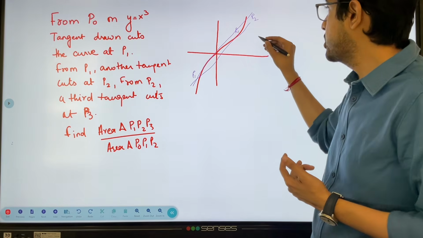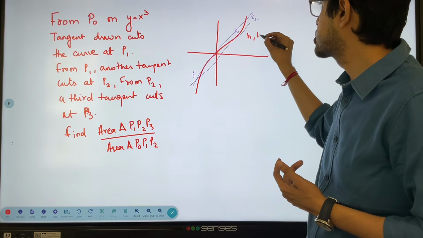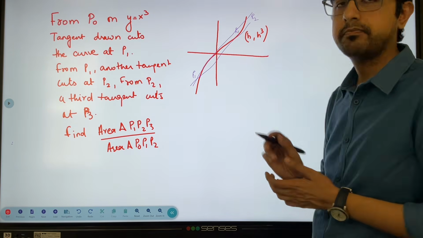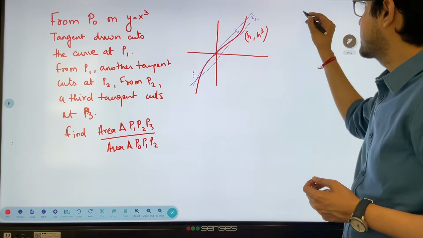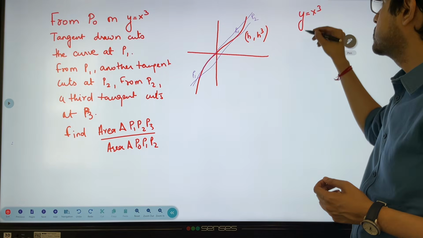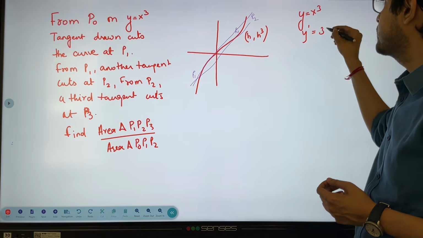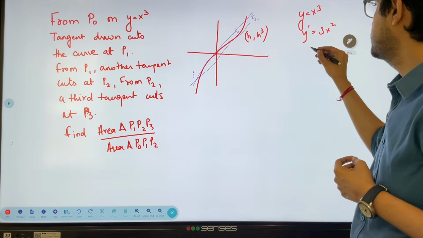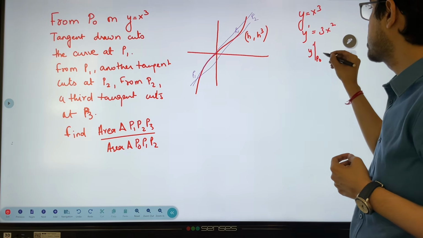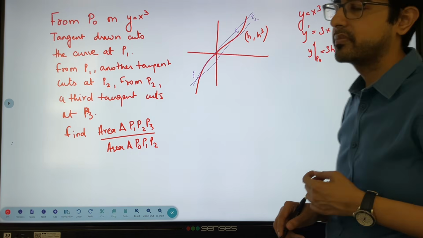Let the point P0 be represented as (h, h cube). I am taking it in parametric form. Now the curve is y is equal to x cube. So if I find the derivative, it is 3x square, and the derivative at P0, y dash at P0, is 3h square.